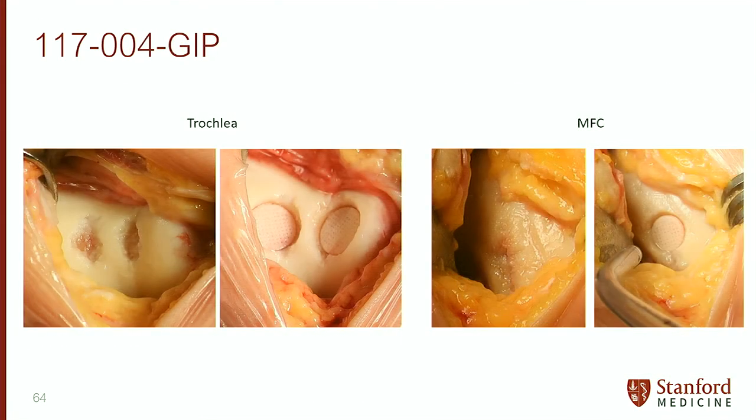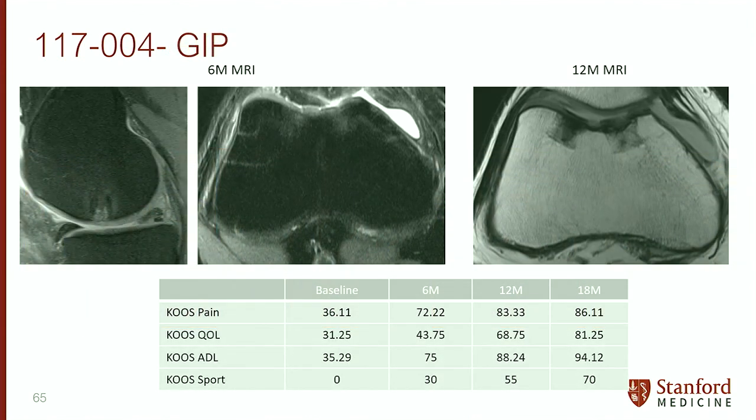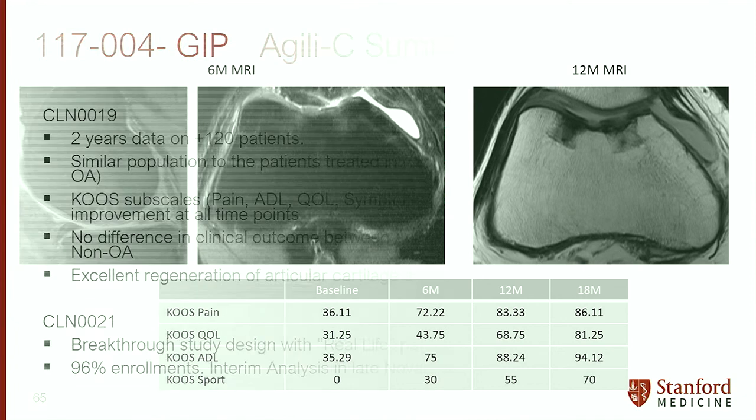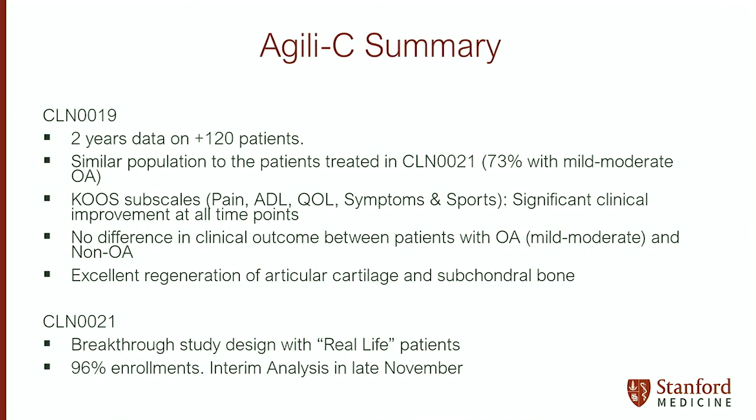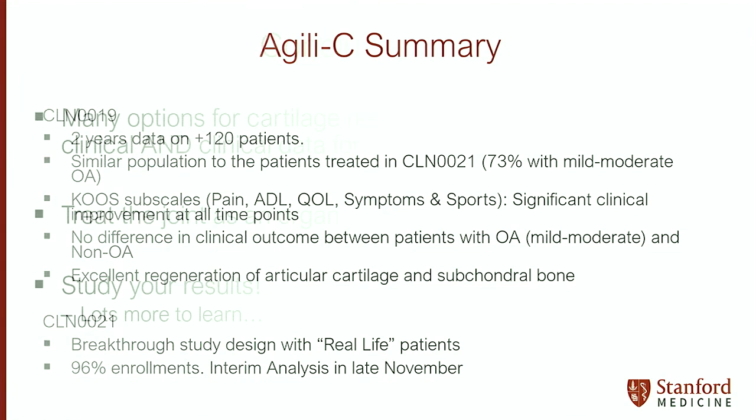Just to show you a couple of other examples, the uses are for femur, trochlea, and condyles. You can see the integration on MRI. You can see the subjective scores, which are just, frankly, outstanding. And so for the randomized controlled study, they are now at 96% enrollment. Because of the inclusion criteria, which were broad in real life, they were able to enroll very, very quickly, and they're in interim analysis.